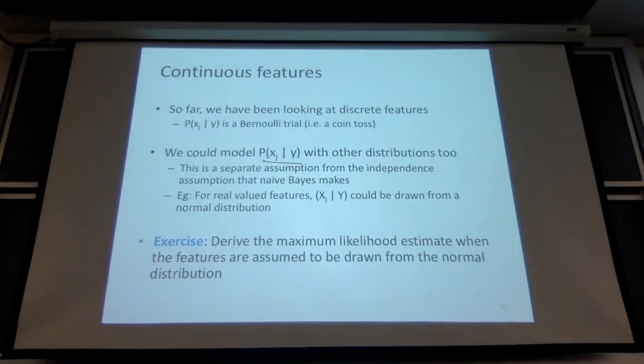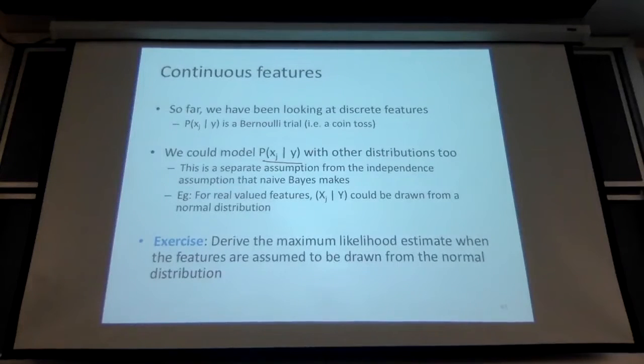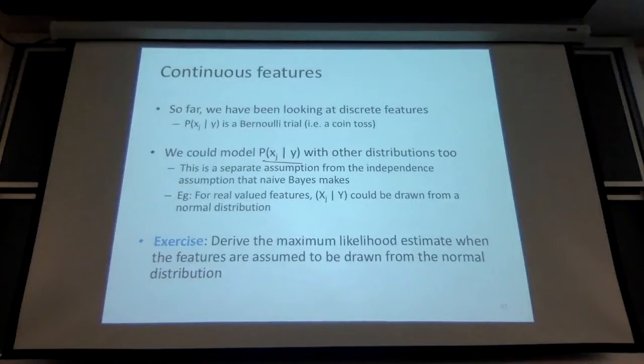This is a good exercise because with this kind of maximum likelihood estimation, you will work through a lot of math, basically just symbol manipulation, and you will come to a conclusion which is easy to explain. If you come to an answer at the end of deriving maximum likelihood that is not easy to explain, consider that there is some error in your math. So this is a very nice thing about maximum likelihood estimation for naive Bayes.